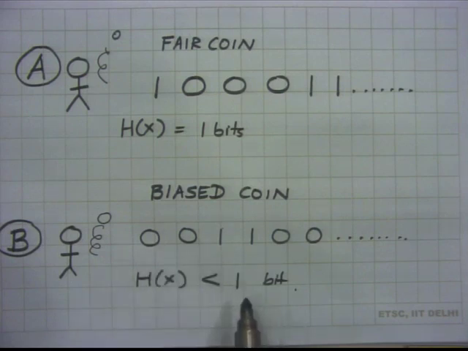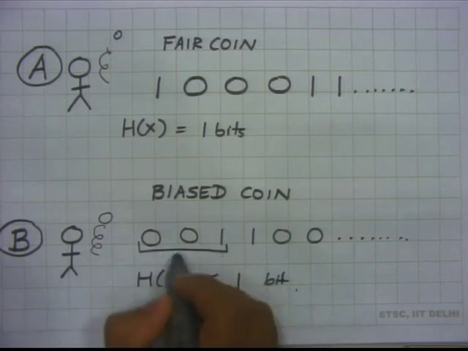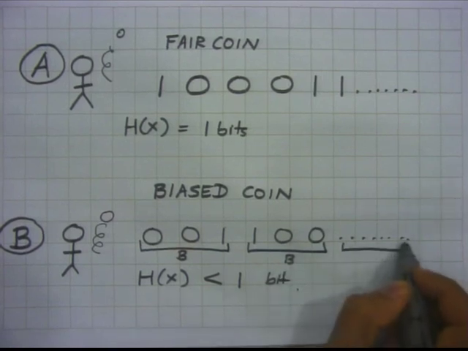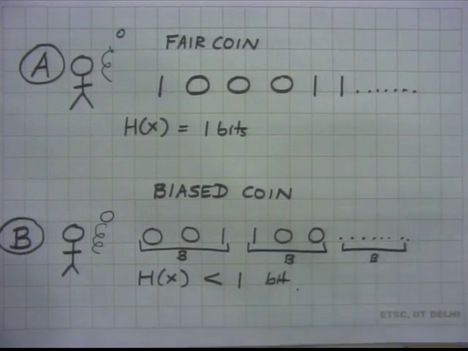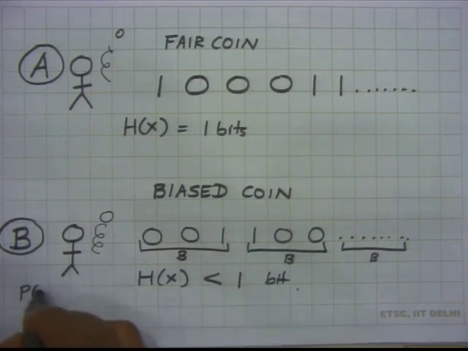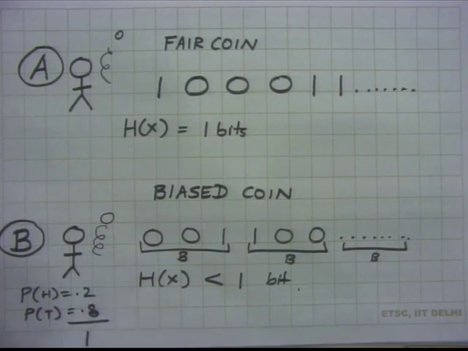So, the way to go about it is, we can always look at, say, blocks of B. And we already know that the probability of head, for example, is 0.2 and the probability of tail is 0.8, for example.